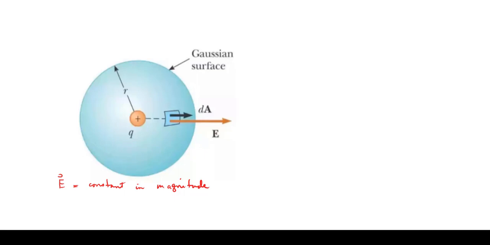Okay, let's continue. Let's label delta phi as equal to the product of our electric field and our small area element, dA.